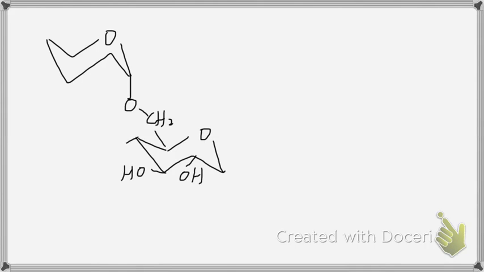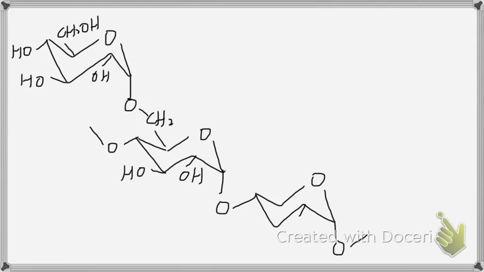So here is an example of the structure. Okay, the first unit to the second one in this structure is an alpha-1,6, and the second to the third is an alpha-1,4.